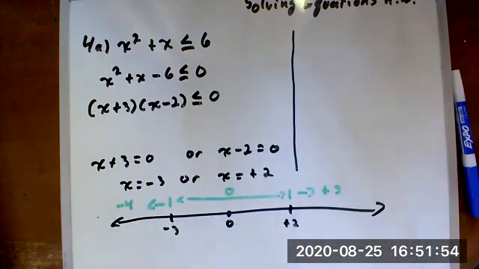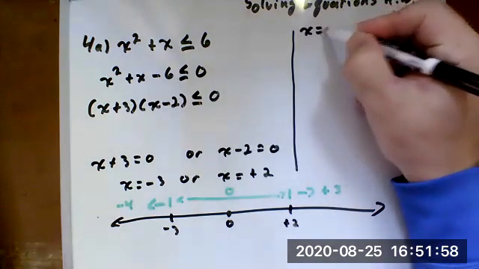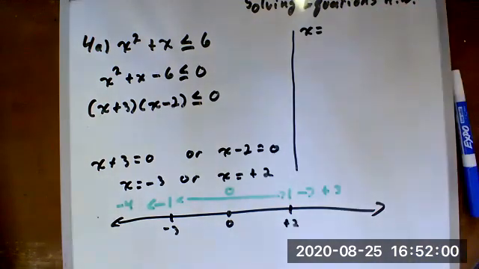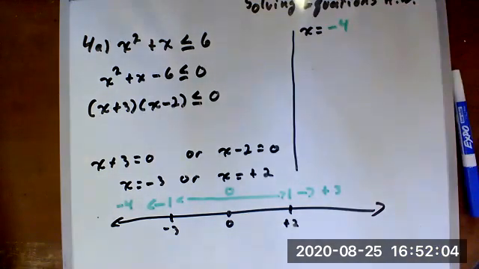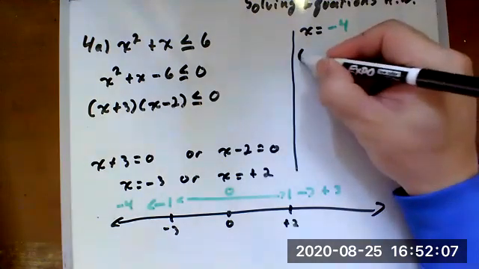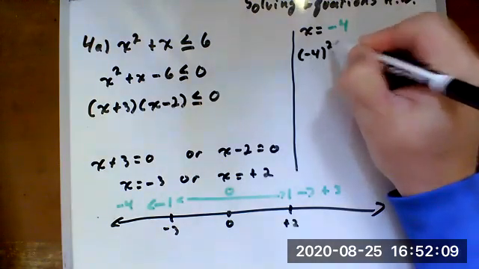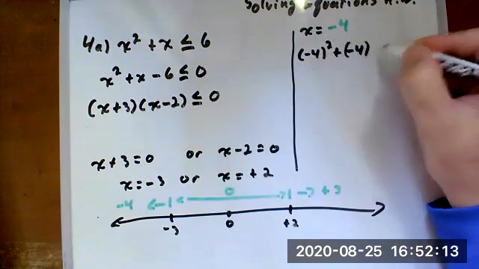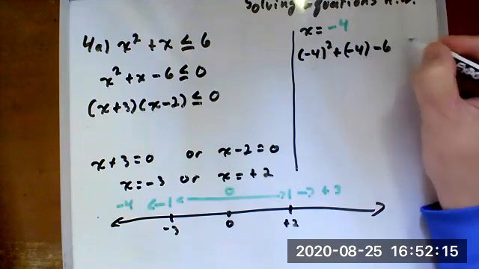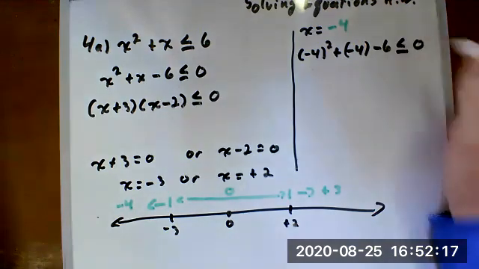So if I let x equal negative 4, then what I get is negative 4 squared plus negative 4 minus 6, and we want to know if that's less than or equal to 0.